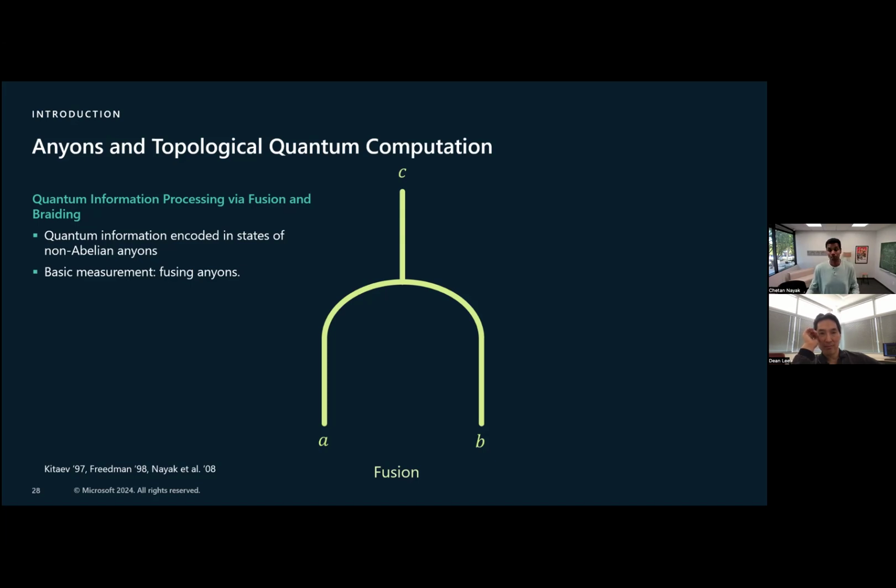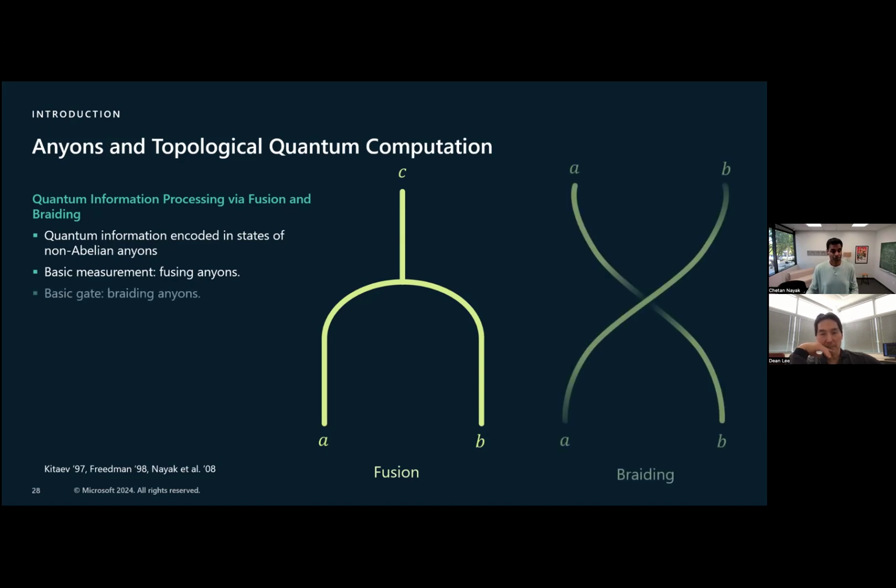And so what you measure when you measure the combined topological charge of two of these anyons is basically the primitive measurement that you do in order to read out the answer in a computation, for instance, or in quantum error correction to measure and find errors. And the basic gate or the basic processing operation is braiding.